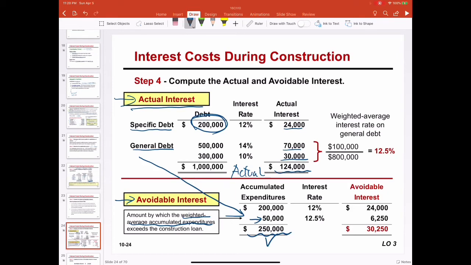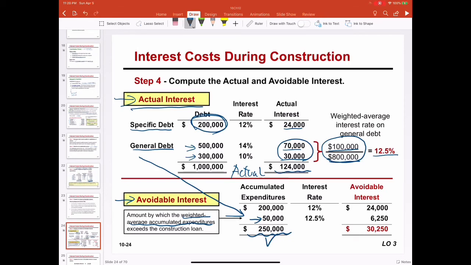But for the 50,000, we don't know whether it is from this debt or this debt, because these 2 debts have different interest rates. So we calculate the weighted average interest rate, which is total interest cost per year, which is 100,000, over total principal 800,000. The average interest rate is 12.5%. So when we calculate avoidable interest, there are 2 parts.